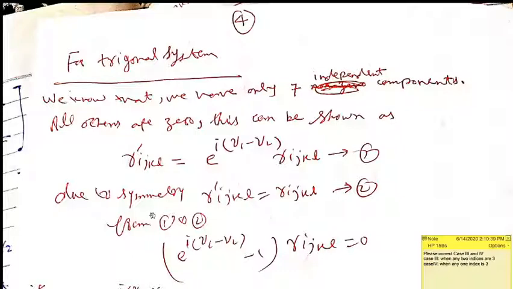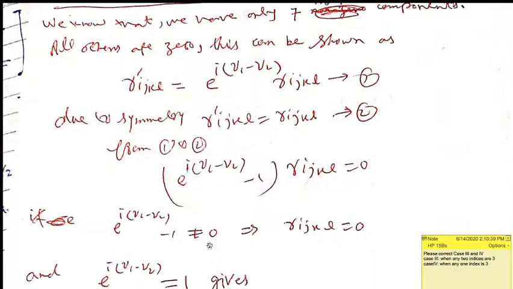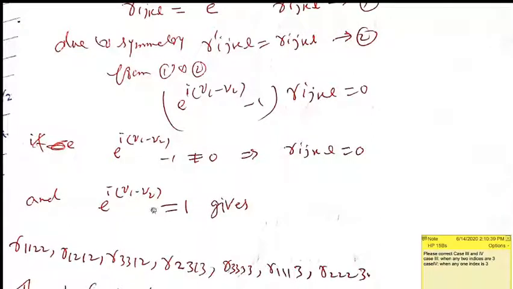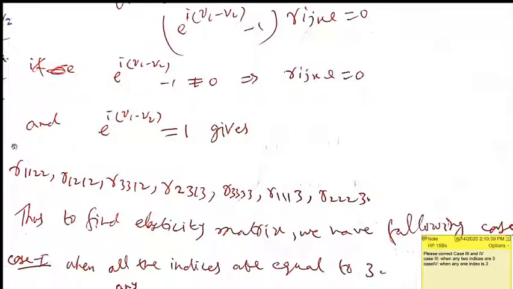We know that we have only this. You can say that this is a revision of the previous 2 slides. We know that we have 7 independent components and they are coming with the help of this gamma ijkl equals this, and due to symmetry this will be equal to this. Again you can see that these are 0, and we have non-zero gammas when this is equal to 1, and the non-zeros are these 7.